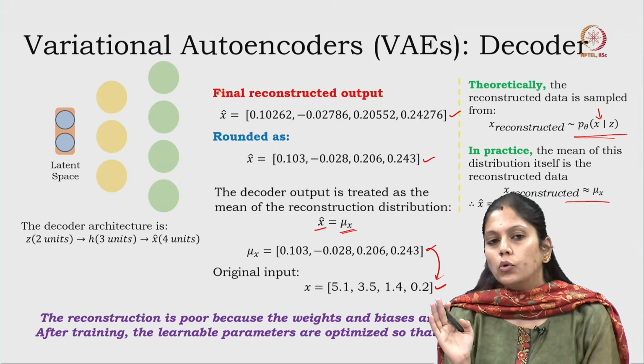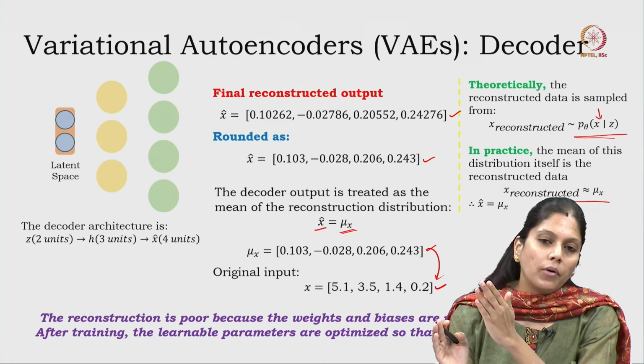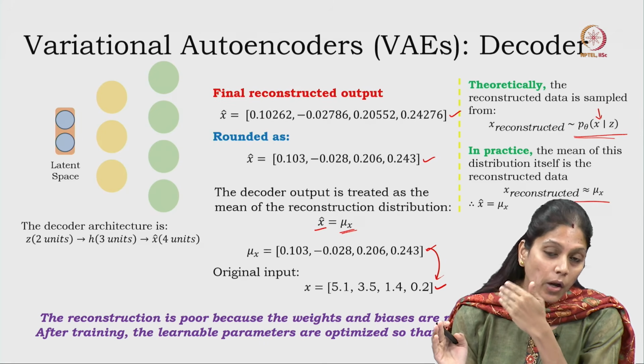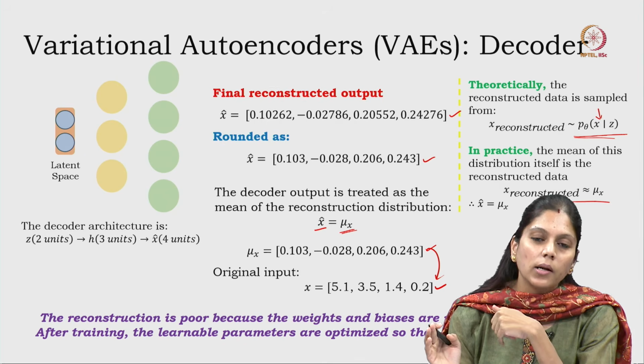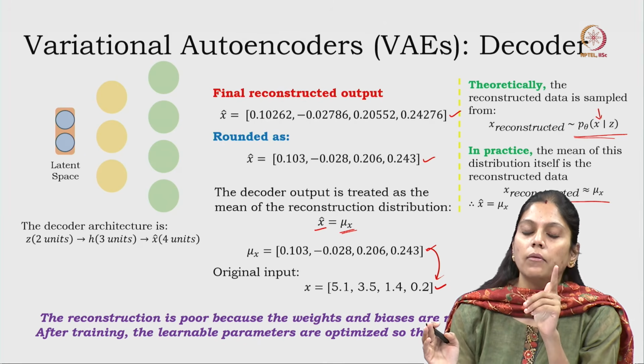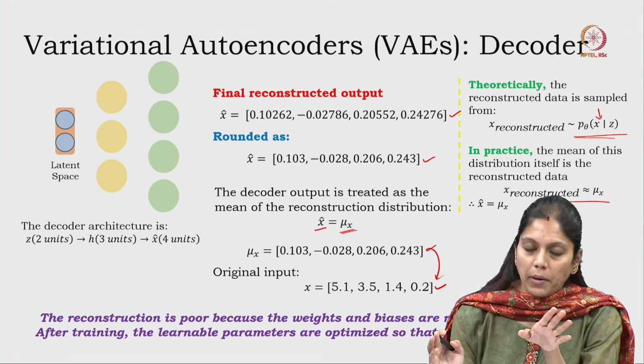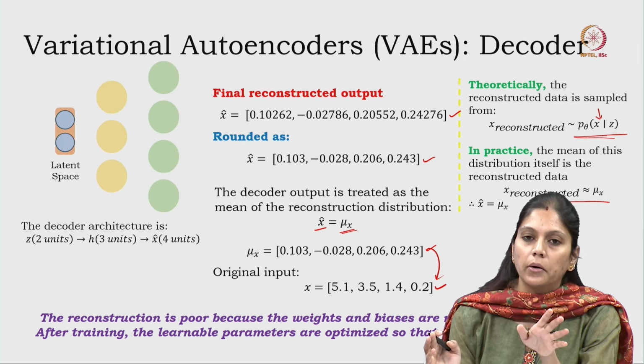What did we understand so far? We have taken an input and passed it to an encoder. From the encoder we obtained the mean and log variance, converted it into variance and standard deviation, and then sampled Z. How did we get Z? Using the reparameterization trick formula.